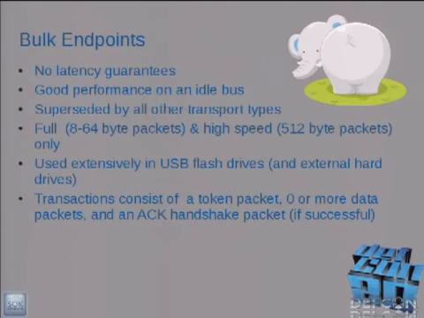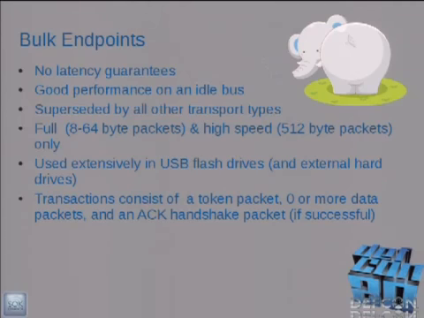All right, bulk endpoints, the good stuff. Bulk endpoints are used for mass storage devices. They don't have any guarantees on latency, but if the bus is idle, which it usually is, you have some pretty good performance. However, if there are other kinds of transports on your bus, it gets superseded by anything else. If you're doing full speed communications, that whopping 12 megabits per second, you're allowed 8 to 64 byte packets, and keep that number in mind for later.